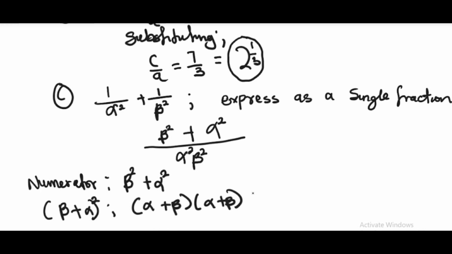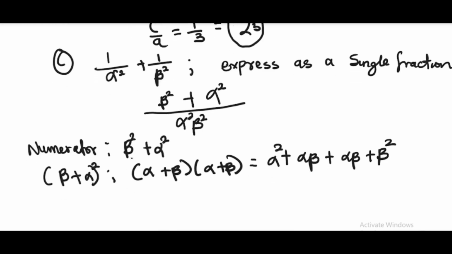You have alpha times alpha, alpha times beta, beta times alpha, beta times beta. If we add the two middle terms, which are like terms, you have alpha squared plus 2 alpha beta plus beta squared, and this is equal to what?